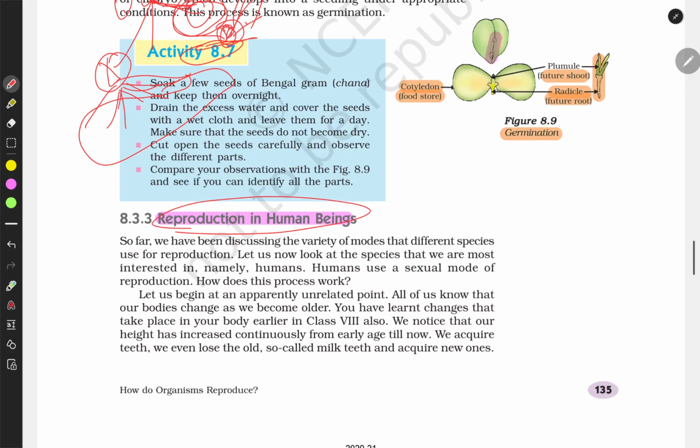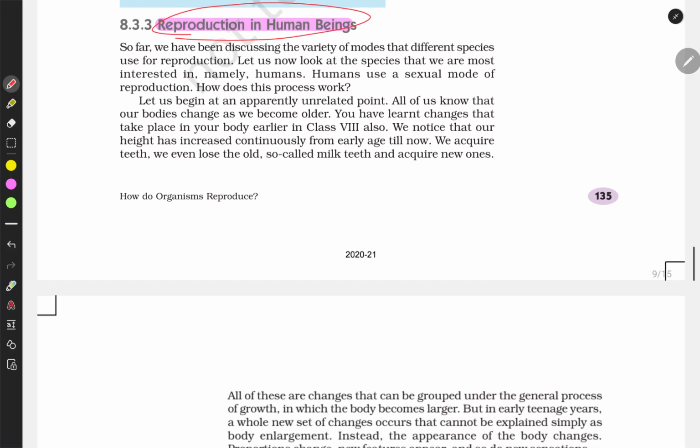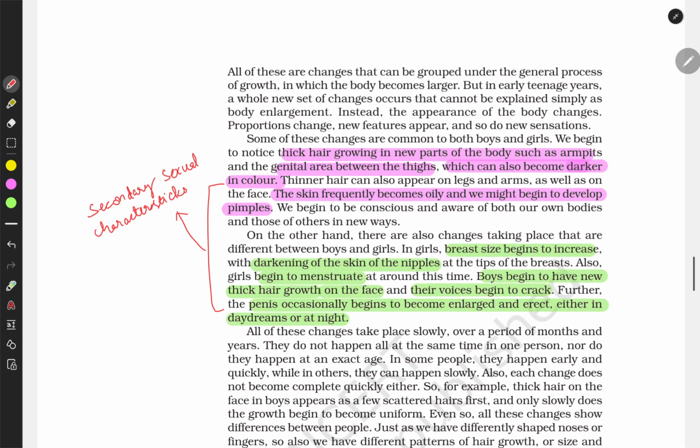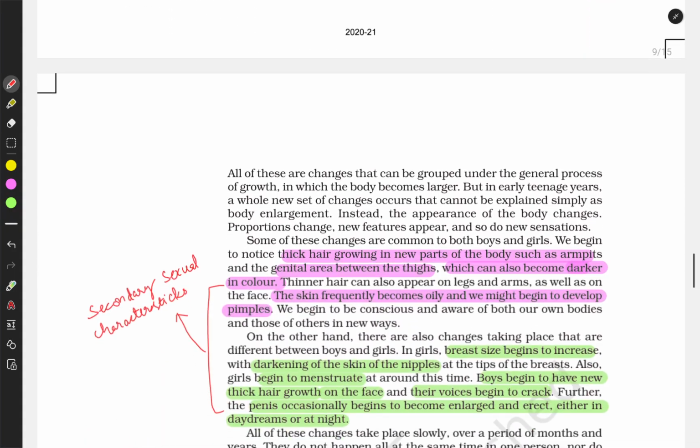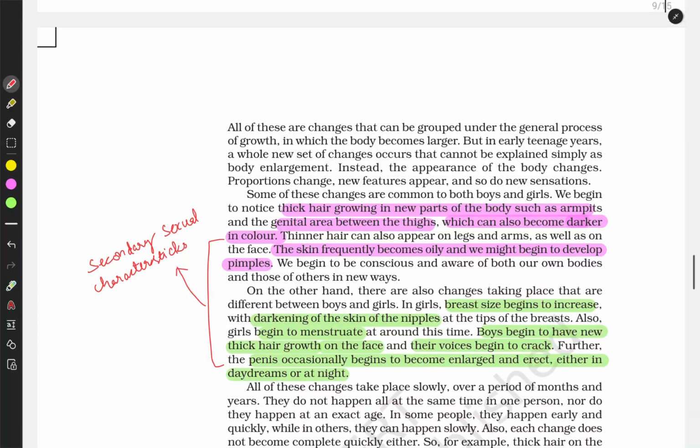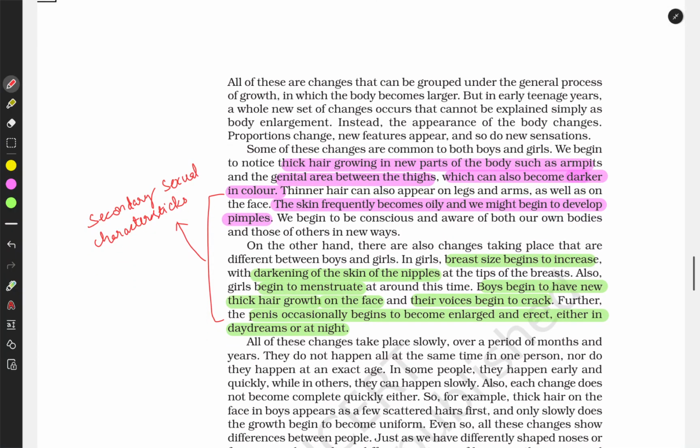Now let's talk about reproduction in human beings. There are two types of sexual characteristics in human beings. One is primary and the other is secondary.